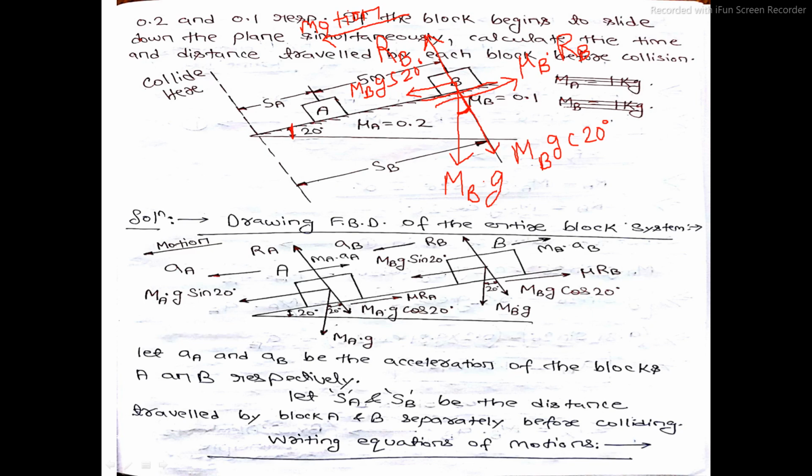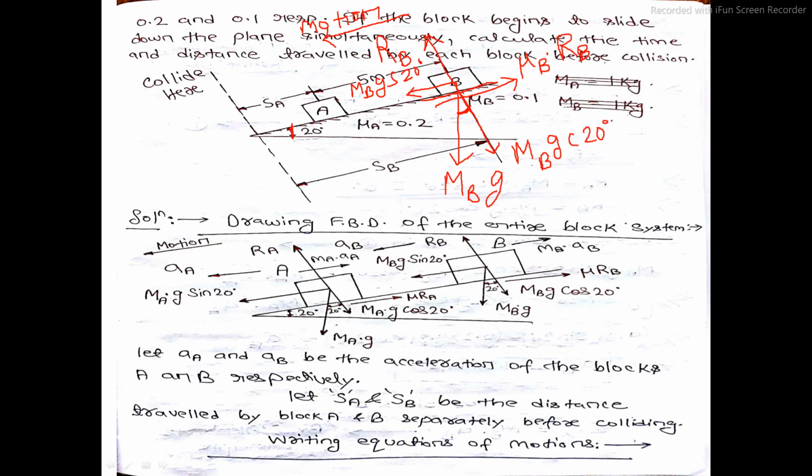Why? Because we have not taken the inertia force into account. In order to keep block B in dynamic equilibrium, according to D'Alembert's principle, we need to add one inertia force, and I know that the inertia force acts in the direction opposite to the direction of motion of the block.